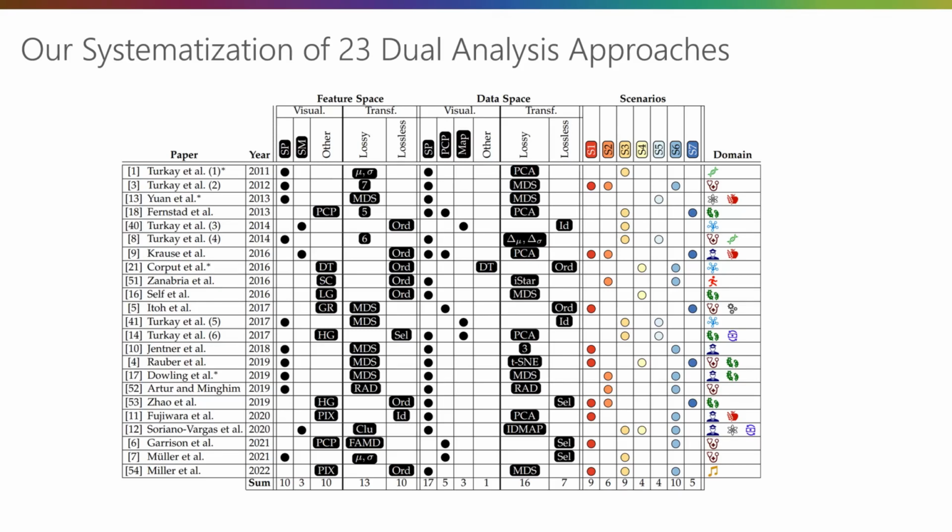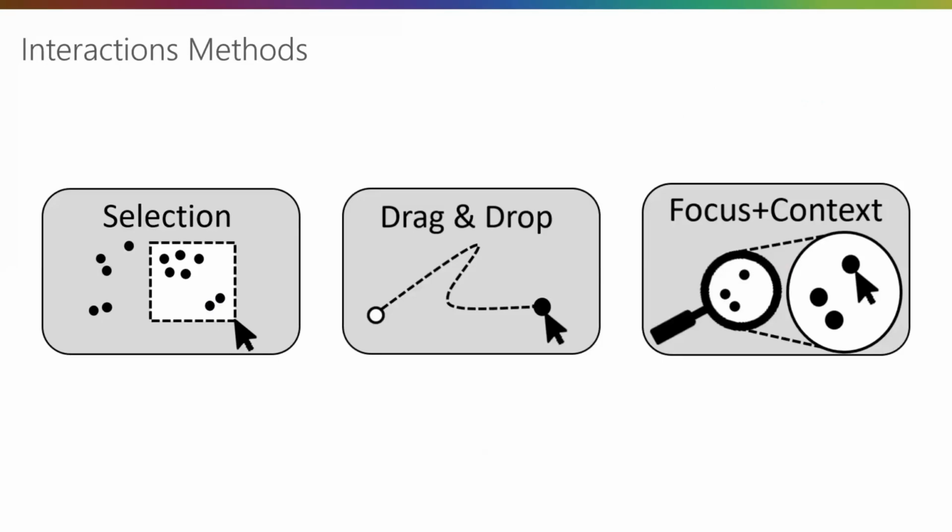These are basic guiding scenarios addressing dual analysis, and we also talk a little bit about the domains. In terms of interactions, we found 3 main interaction methods. One is selection, where you have either a rectangle or lasso select of some kind, mostly on the points of scatter plots, that then in turn trigger the update of the accompanying visualization. Usually this is also very symmetric, that you have 2 scatter plots that act very similarly.